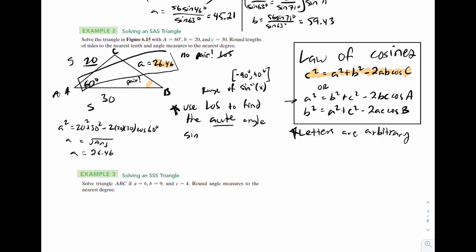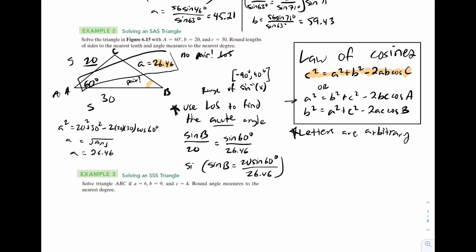We're going to write sine B over 20 should equal our pair, sine 60 over 26.46. Let's solve. So sine B should equal 20 sine 60 over 26.46.